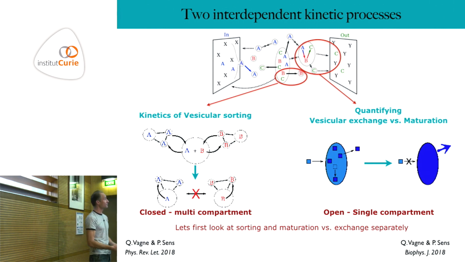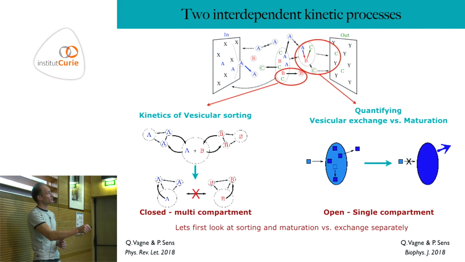The way identity can get mixed is because one identity can mature into the other within one compartment, which is sort of mixing things. But then you can still expect a steady state here, because if you have an influx of an early identity, which is light blue, this early identity is turning into a late identity, which is dark blue, and then the late identity is expelled by vesicular budding, then you can have a steady state.